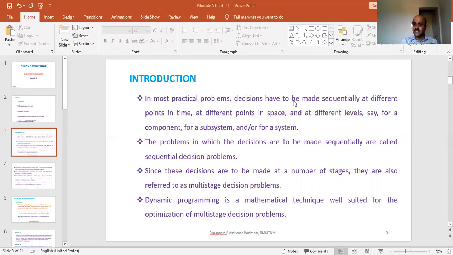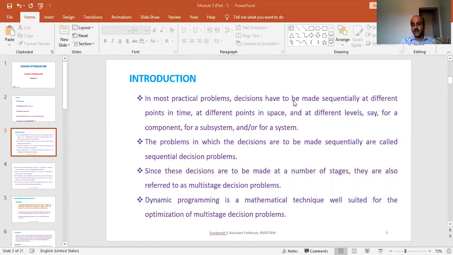If you take any problem, whether it is related to civil engineering, electrical engineering or mechanical engineering, when you are designing a system, a subsystem or a component, there may be plenty of decisions. You need to make the decisions sequentially, one after the other, at different points of time.